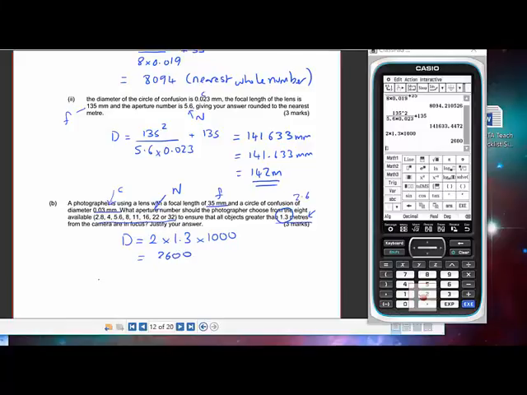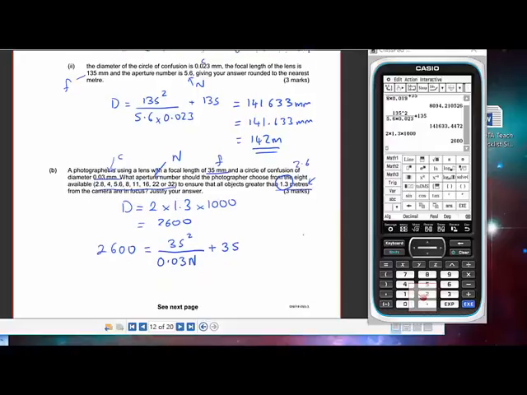Substituting into the formula, 2,600 is equal to 35 squared over, now remember here we're trying to find n, so our c was 0.03, so that's 0.03 n, add 35, and we've got to solve that.